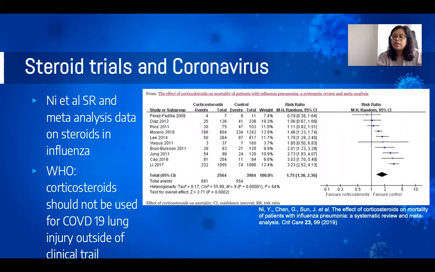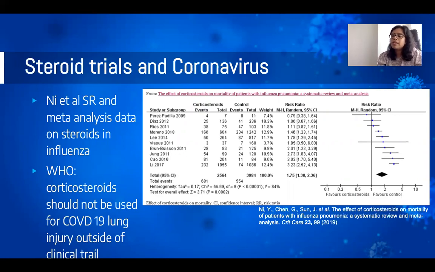So just straying a little bit away from coronavirus and looking at influenza virus. Ni et al. did a systematic review and meta-analysis of the effect of steroids on clinical outcomes in patients with influenza. The table on the right shows mortality rates.